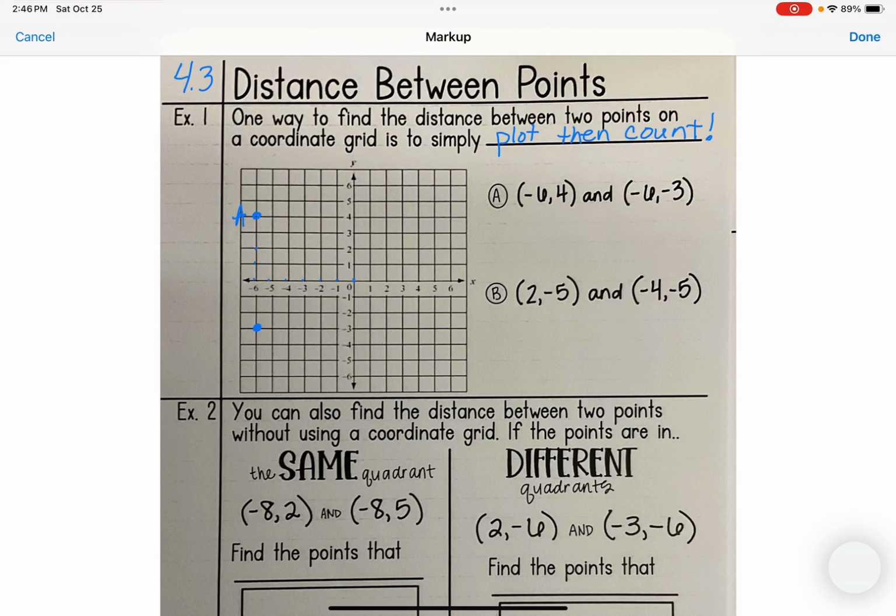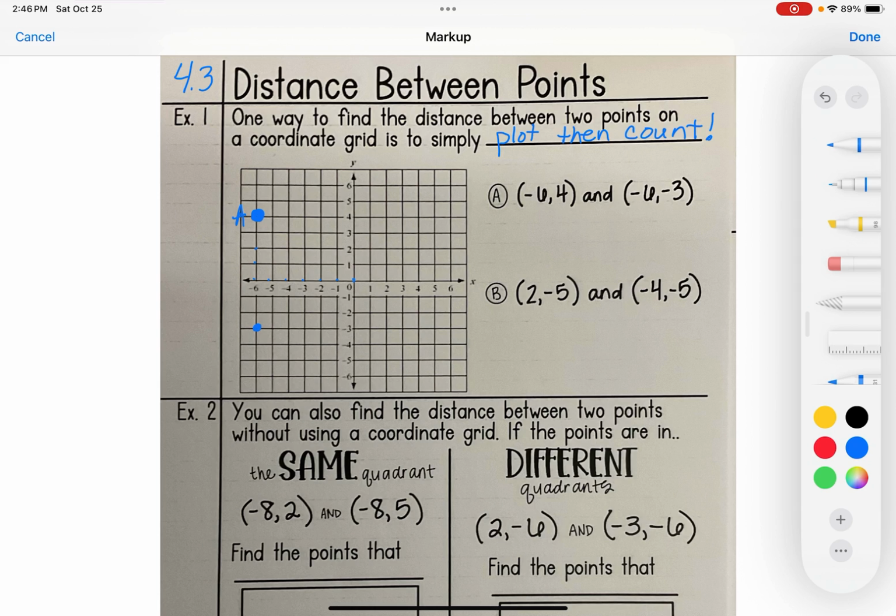So now I need to count the distance between those points. And literally, that's all I have to do is count. So I take this point, let me make it a little bigger. Let's see if my lasso is working today. If I circle it, I should be able to move it.